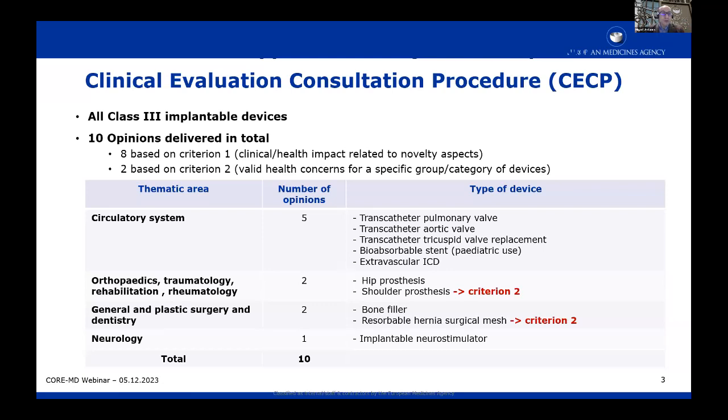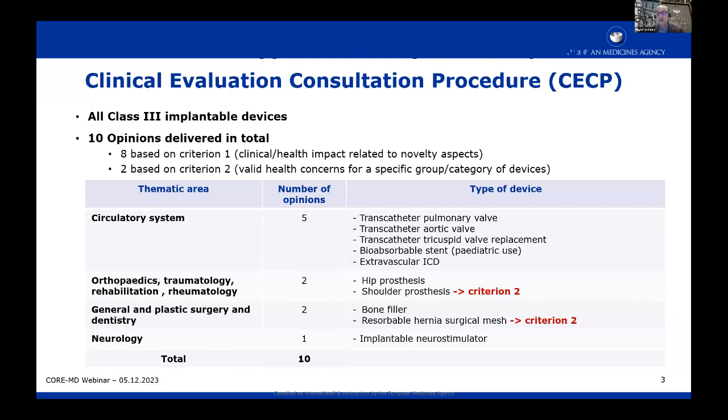Whereas for the remaining 2, criterion 2 was used, meaning that it was identified that there might be specific concerns regarding certain types of devices that the screening experts considered that all the devices from that category should be further assessed, and an opinion should be issued.